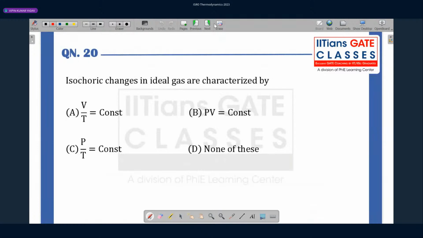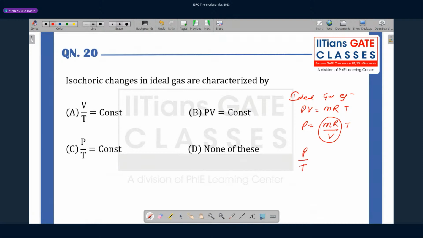Now, isochoric changes in ideal gas are characterized by isochoric. We all have done that. Okay. Ideal gas equation is PV is equal to mRT. Now isochoric means volume is constant. So this whole thing is constant.